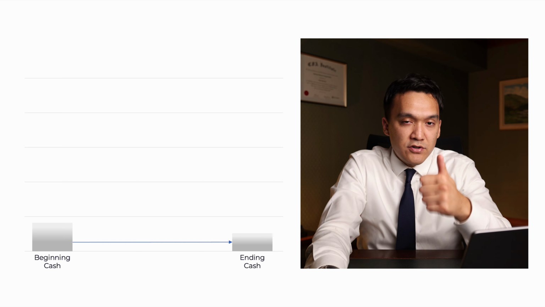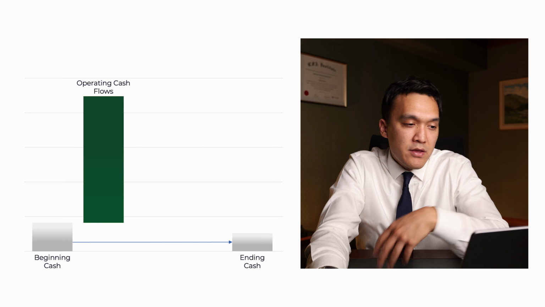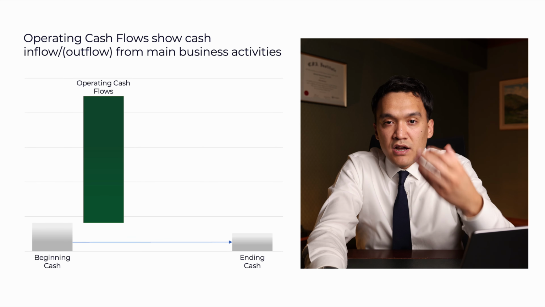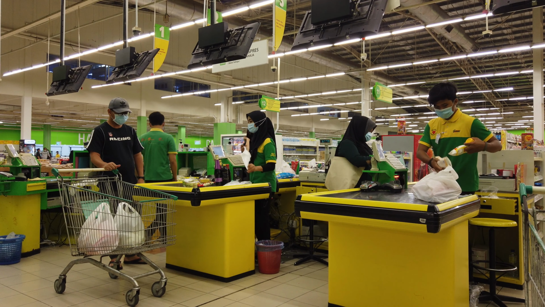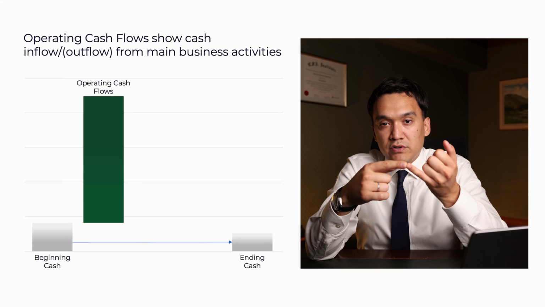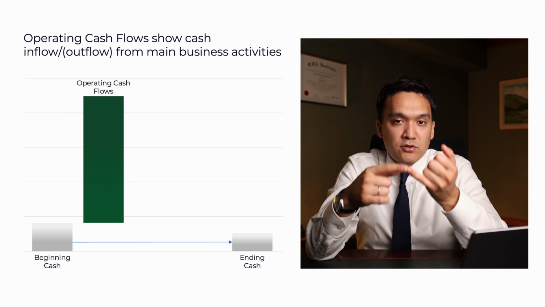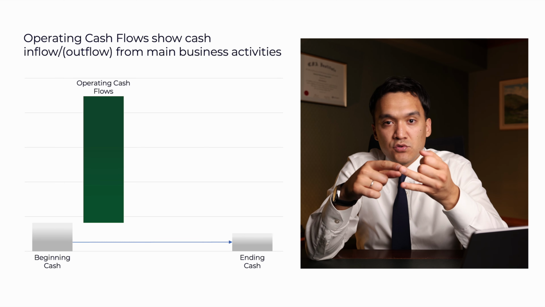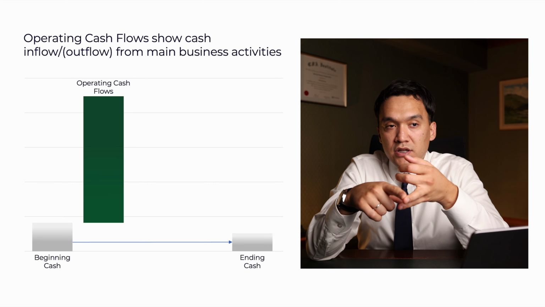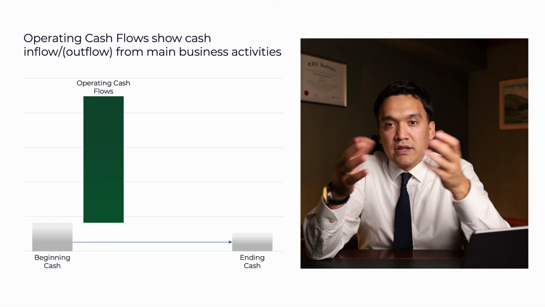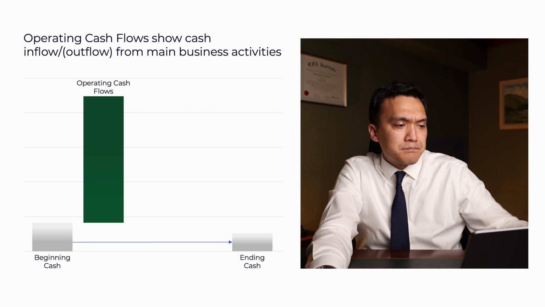Now, if we dive deeper, cash flow statement is separated into three main categories. And the first is operating cash flows, which shows us inflows and outflows of cash from main business operations. So for example, these are cash we receive from our customers for products and services, and cash we spent on raw materials, or to pay our employees, or to pay for any other operating expenses.